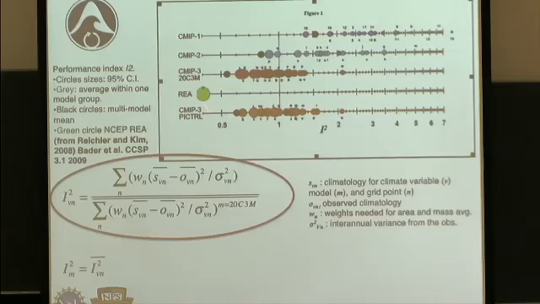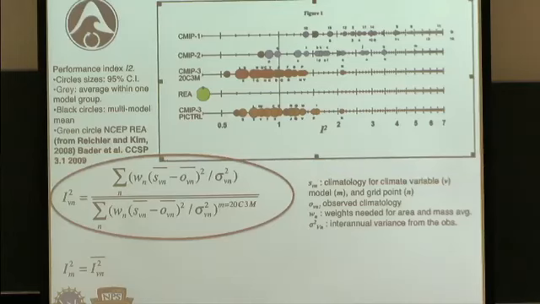You can see the improvement in the models compared to this green dot that's observations. The size of the dot gives you a confidence limit: the larger the dot, the better it is.